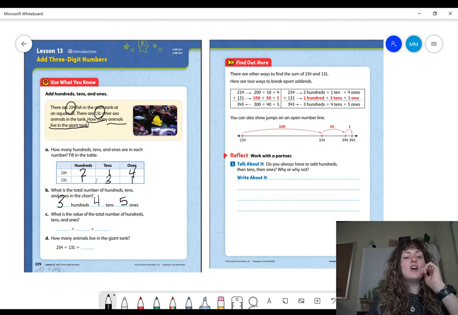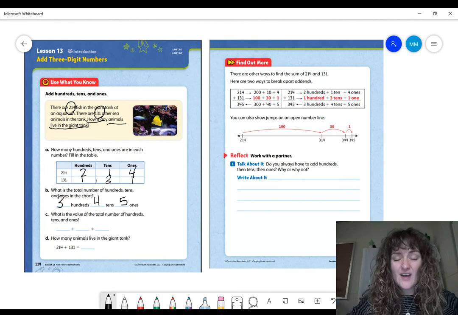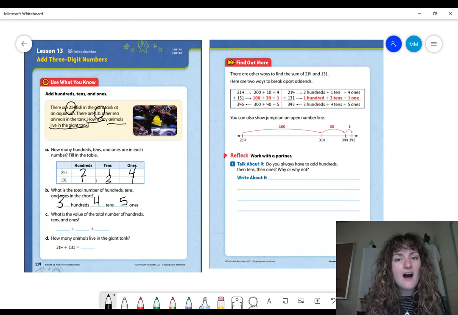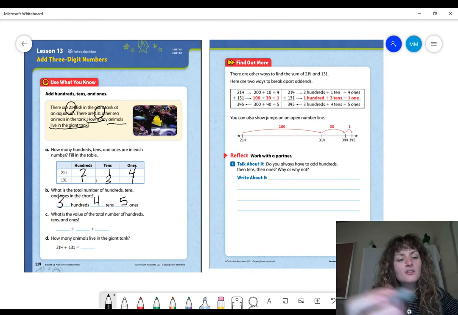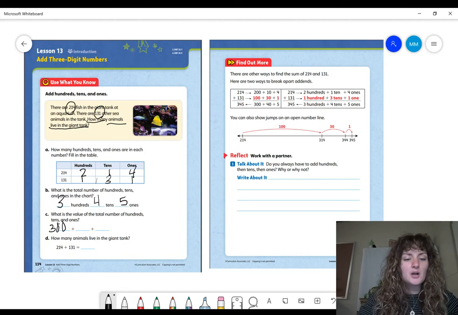Now, these are the digits that we use for the place value. But these digits don't tell us the value of those numbers. So 3 hundreds would be the same as 300. So we have to write the value of each number. What is the value of 4 tens? 40, right?